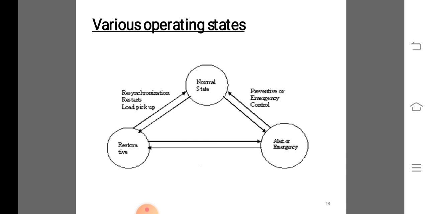Alert state: a normal state of the system is said to be in alert state if one or more of the postulated contingency states consists of constraint limits being violated, when the system security level falls below a certain level or the probability of disturbances increases. The system may be in alert state.